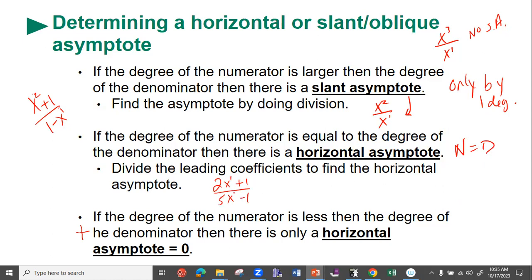Both of these have a degree of 1. So my horizontal asymptote is based off their leading coefficients. What is the leading coefficient in the numerator? 2. What is the leading coefficient in the denominator? 5. So y equals 2 over 5 is my horizontal asymptote. Okay, if the degrees are equal, then all you're using is the leading coefficients.